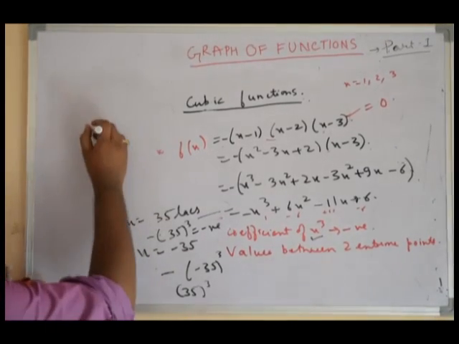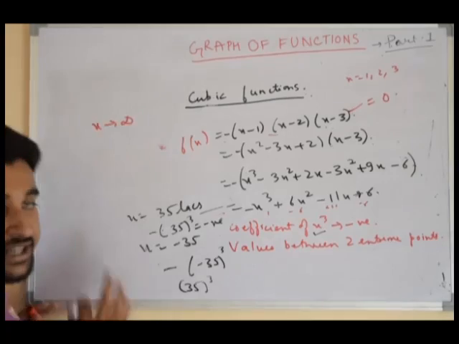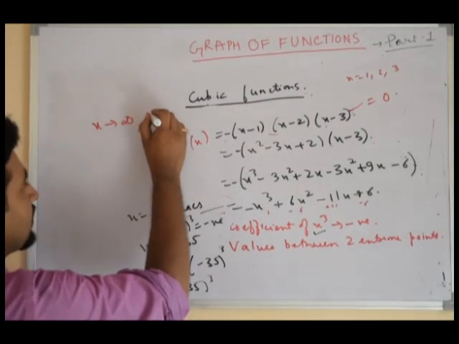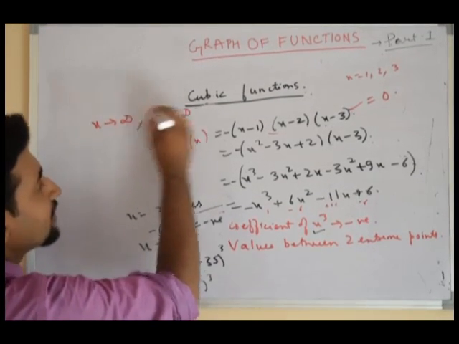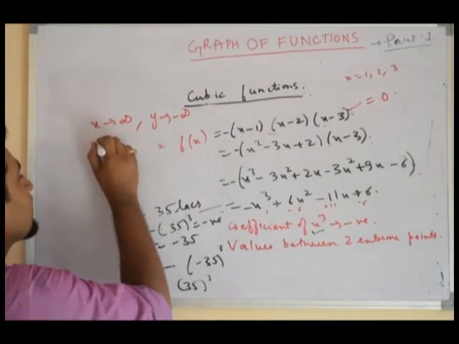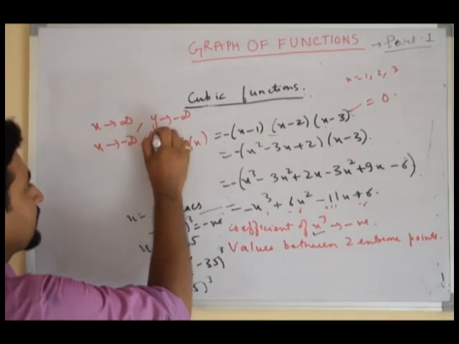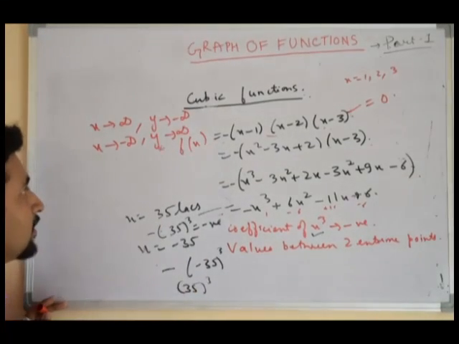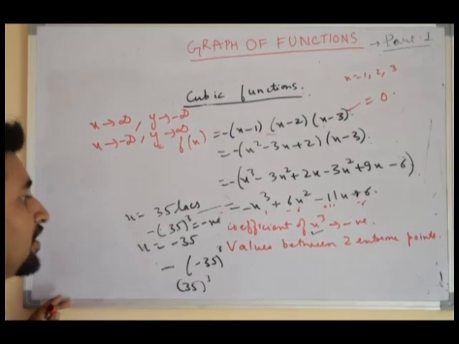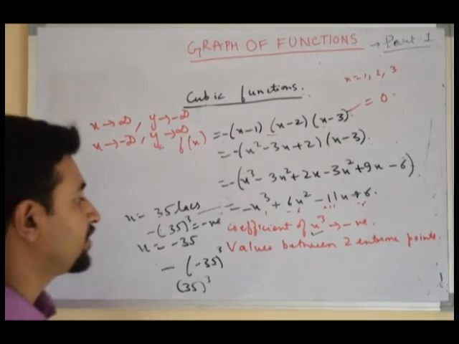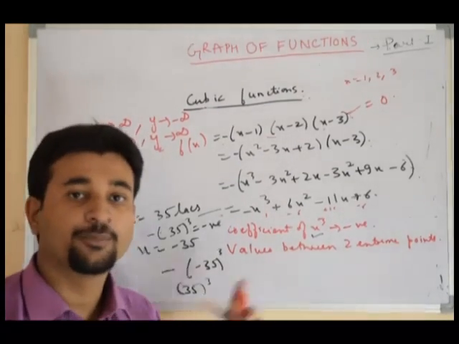So here if x tends to infinity, y tends to minus infinity. If x tends to minus infinity, y tends to infinity. So you just saw the behavior of the function when the coefficient was negative and when the coefficient was positive.